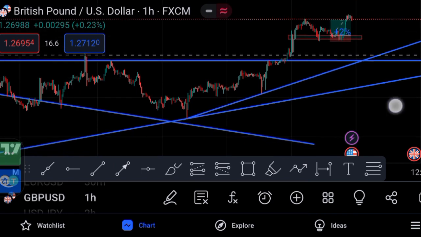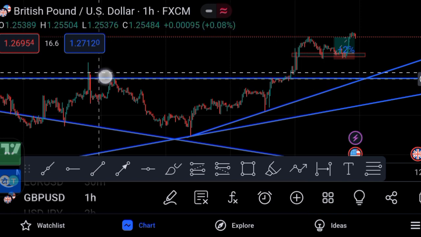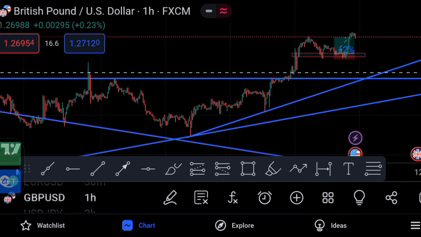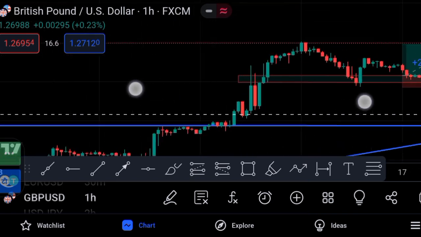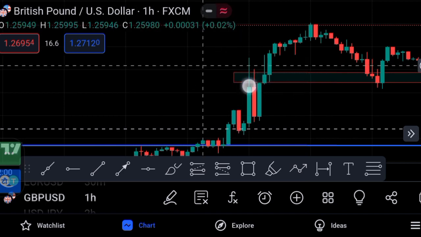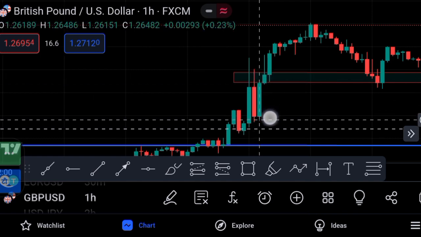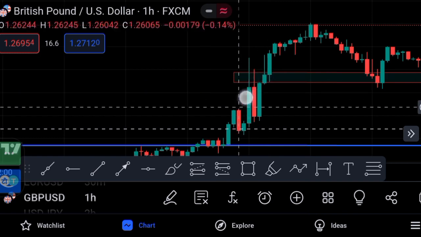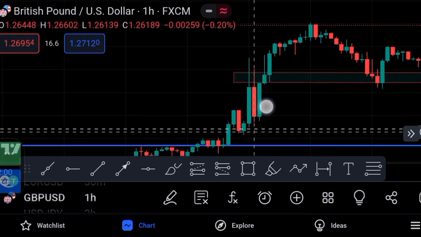As you can see, it broke this previous high and formed a new high right here. If I zoom in a little bit, you will see that it formed a high here and then retested, right? It pulled back and broke that resistance level. So you can see that there was a resistance here which it later broke.